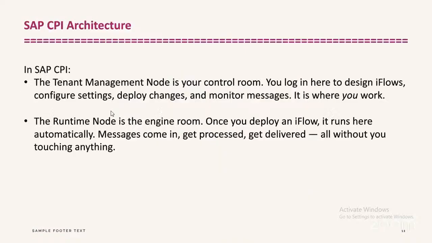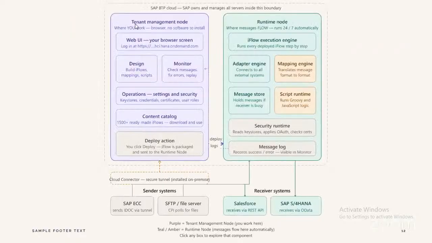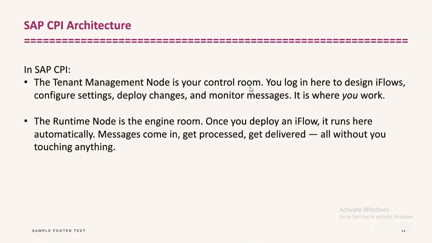In CPI we have two nodes. The first node is the tenant management node and the second one is the runtime node. The tenant management node is your control room. Whatever we do in the tenant can be handled in the tenant management node only.